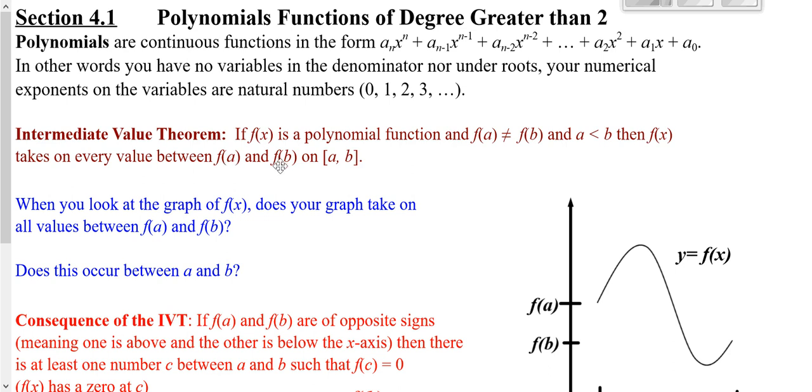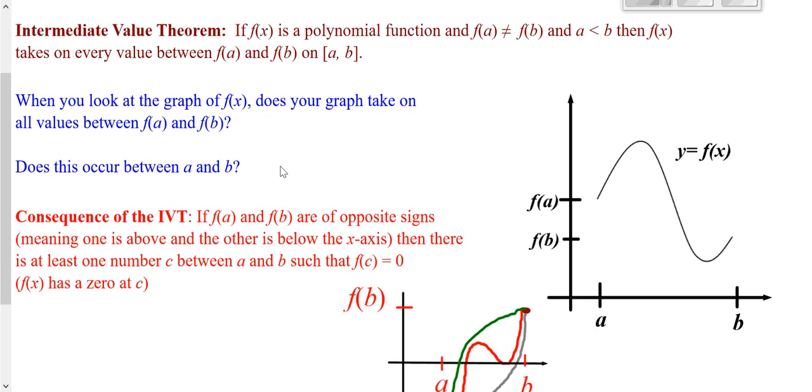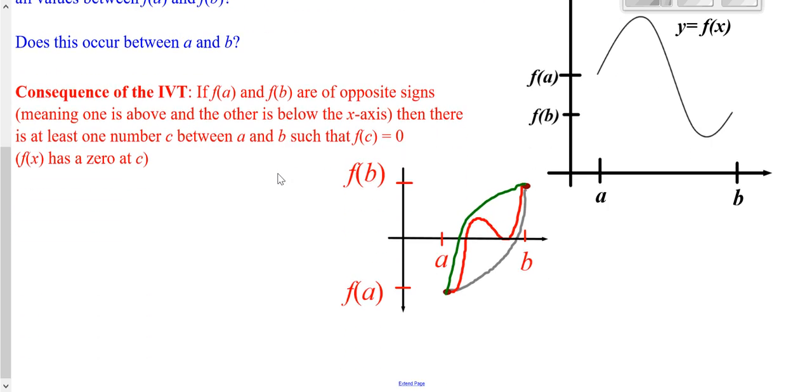And you might be wondering, so what? Well, consider this situation. If at A you're below and at B you're above, we would have to say it somehow has to cross the x-axis or have a 0 somewhere in between A and B. Now, if we know we're down here and we know we end up over here, we don't know how we get there.